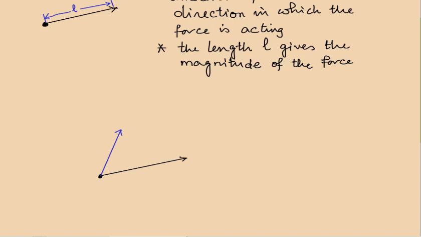Well, the suggestion is, if there was a single force acting on this particle, then the particle would have moved from here to this, in this direction. So what will be the direction in which the particle will move if these two forces were acting on it?